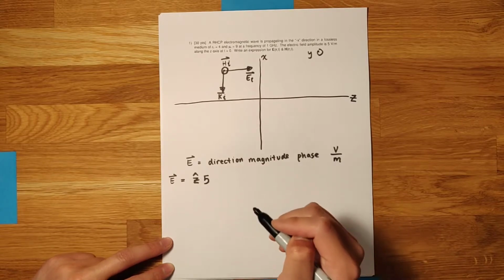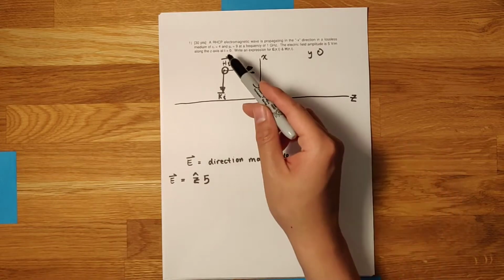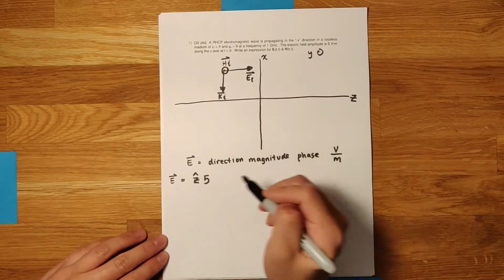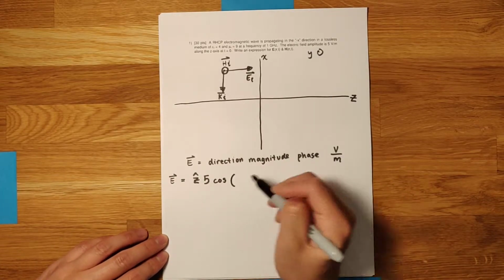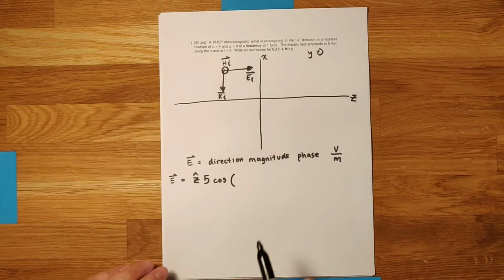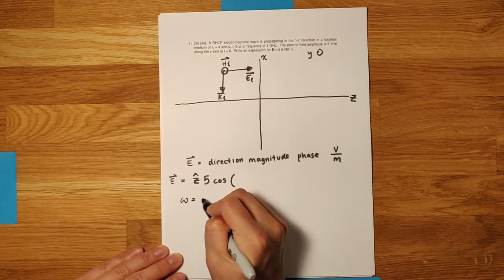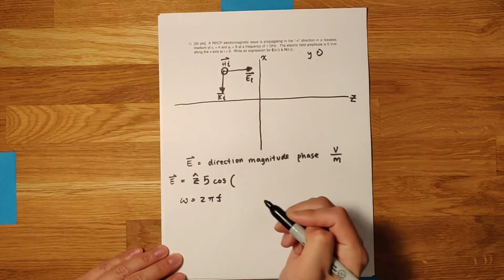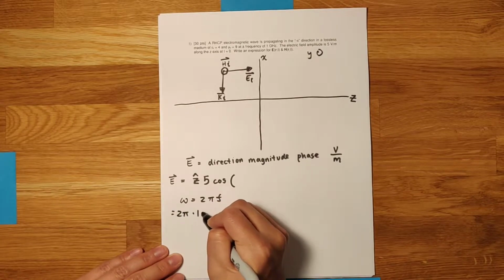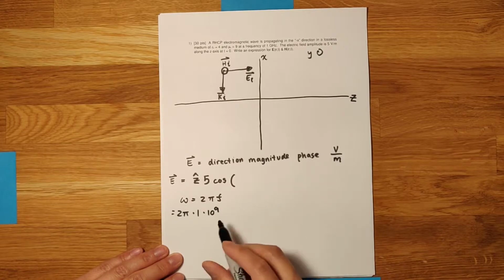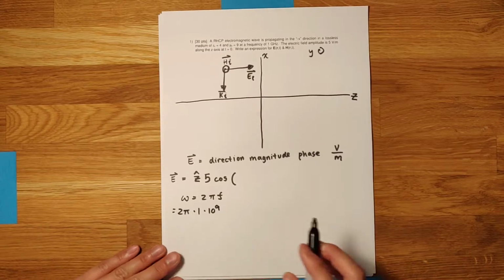And because we have some sort of non-zero value at time equals 0, we know that the phase will be cosine times omega. In this case, omega can be found by using the frequency of 1 GHz. So omega is simply equal to 2 pi f, or 2 pi times 1 times 10 to the 9, which is the gigahertz. And I will just leave this as omega just to make it look nicer.